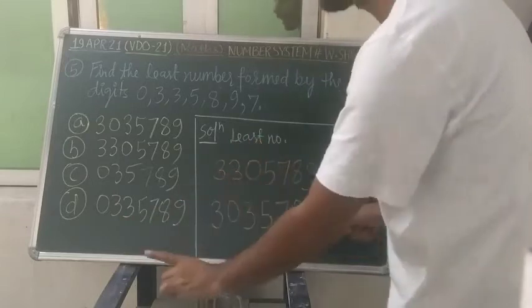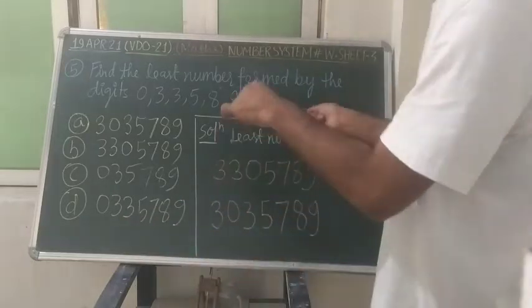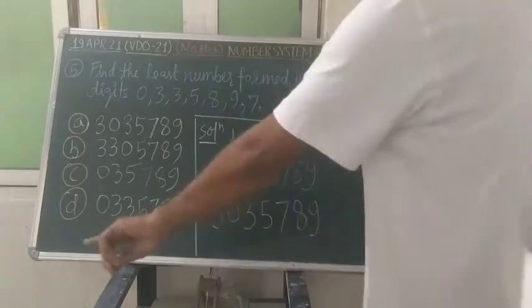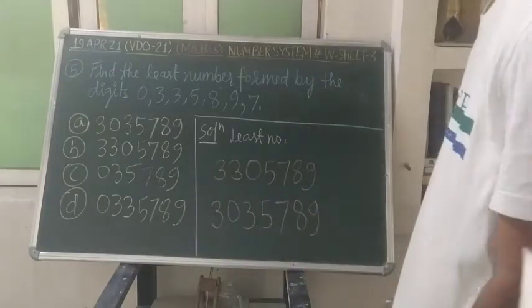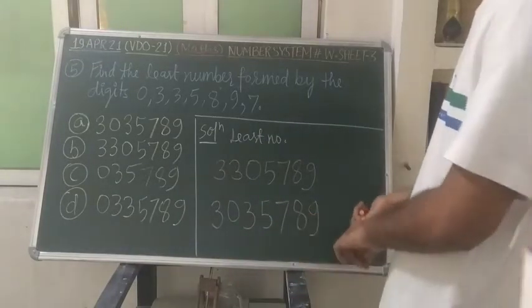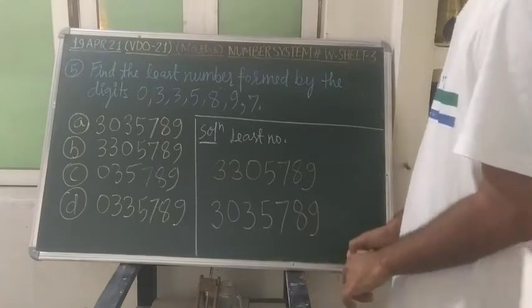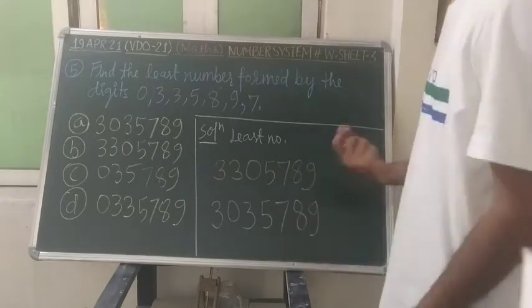The first digit we will not select as 0, since writing 0 on the very left side has no meaning. And why are we considering only from 0 up to 9?